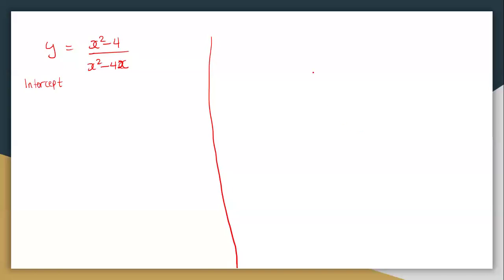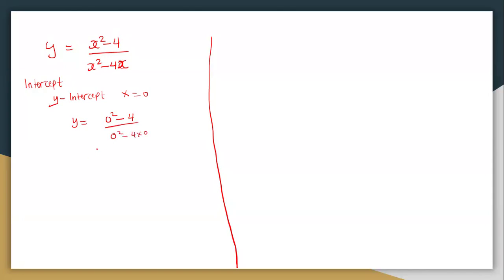Well, now, first of all, for the y, we're going to say when x is 0, then you're going to say y equals 0 squared minus 4 out of 0 squared minus 4 into 0.